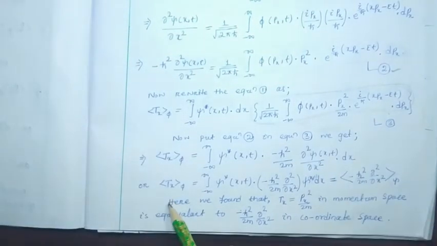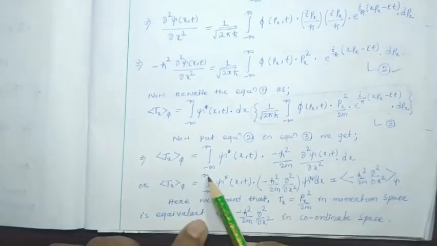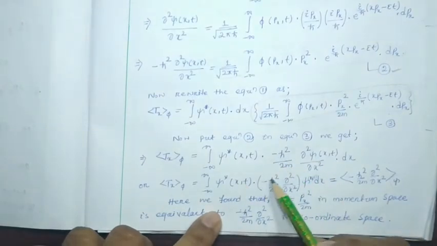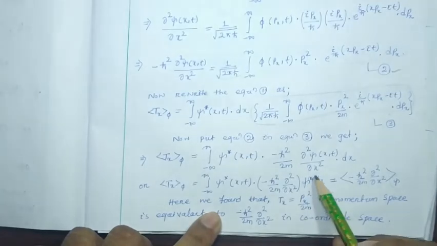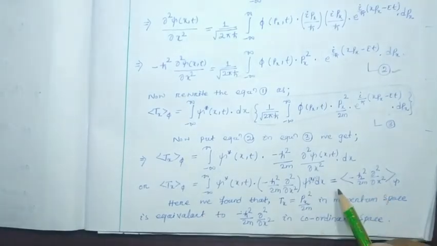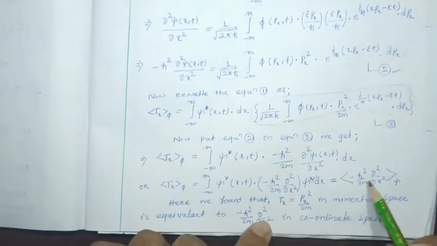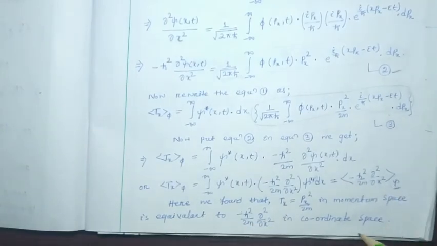This can be written as the expectation value of minus h cross square by 2m del square by del x square in coordinate space.